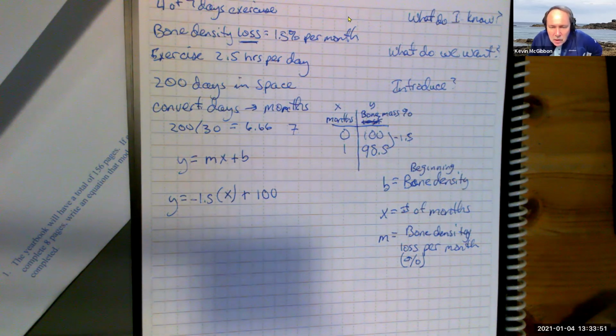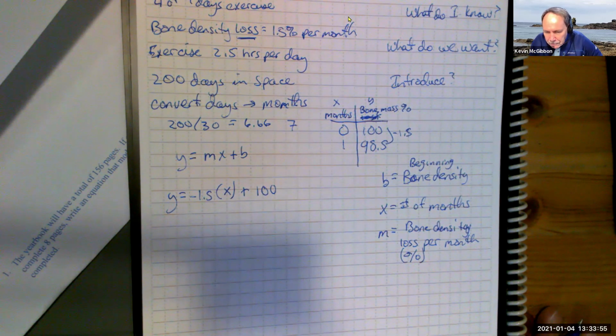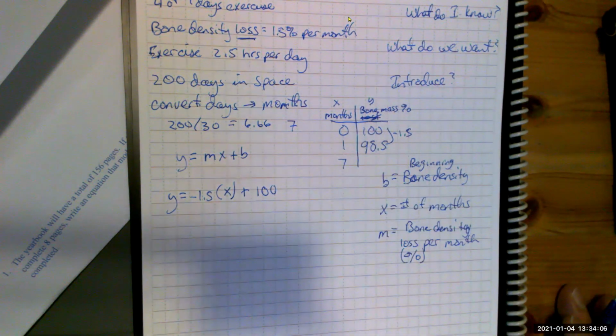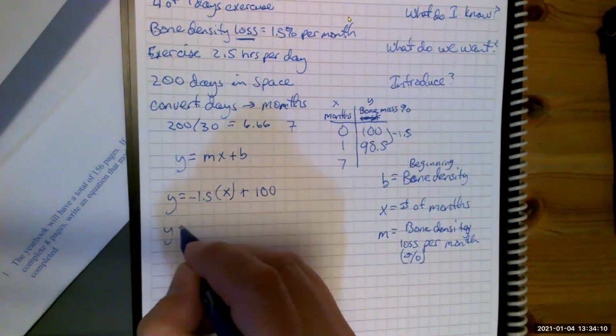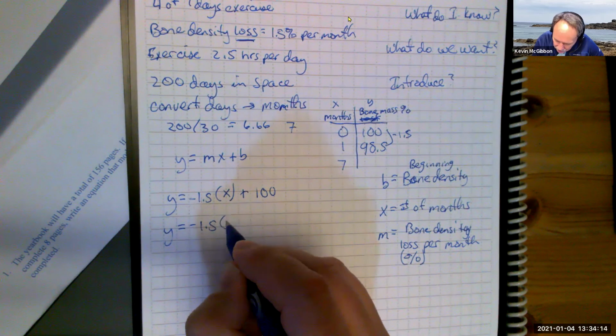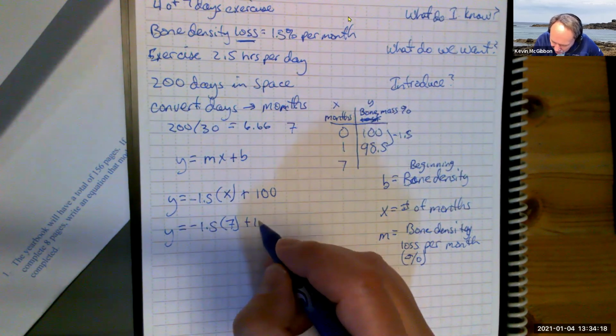Okay. So how much would he have lost after 7 months? How do we figure that out? We would put 7 in the place of x. Yeah, because x is 7, or 7 is equal to x. Negative 1.5 times 7 plus 100. Can somebody help me with what negative 1.5 times 7 is?